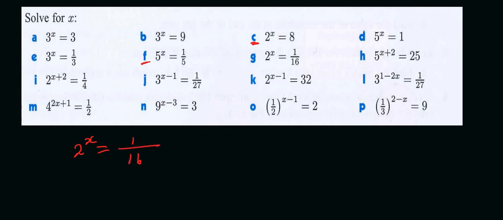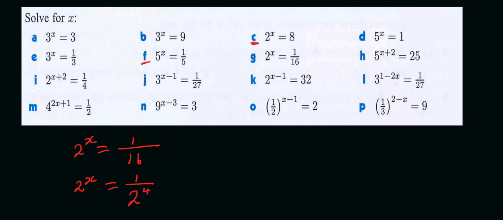We have to change 16 to a number with a base of 2 to a different exponent. We have 2 here, so 2 to what exponent will give us 16? I think that will be 2 to exponent 4. So this will become 2 exponent x is equal to 1 over 2 exponent 4. Good.